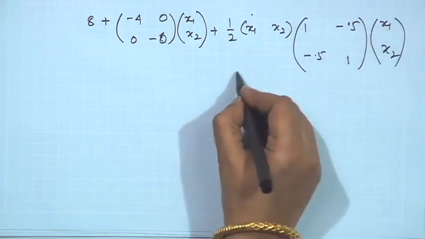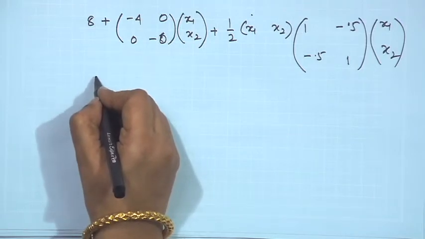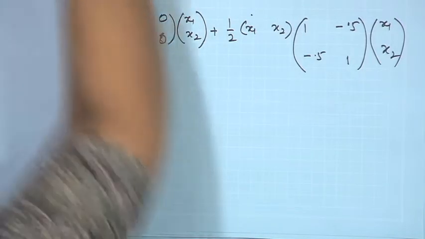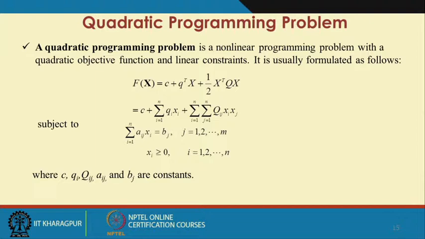See, this is a quadratic function. I can put it in the form, as I showed you in the previous slide, c plus q^T x plus half x^T Q x, but the constraint is linear I have considered.